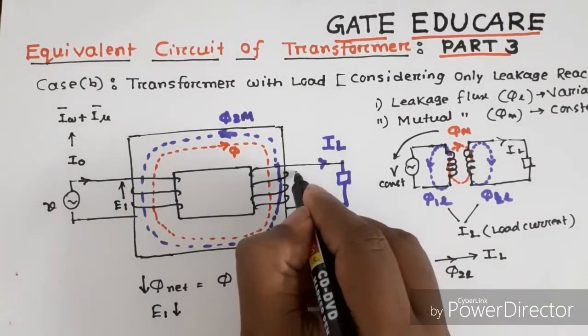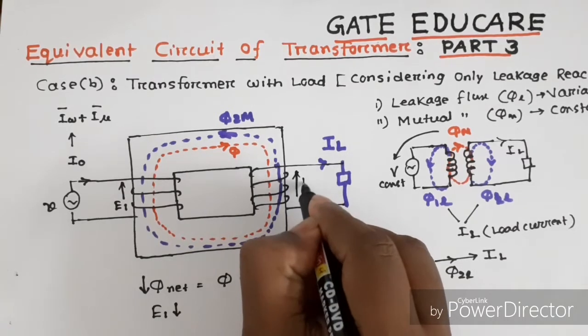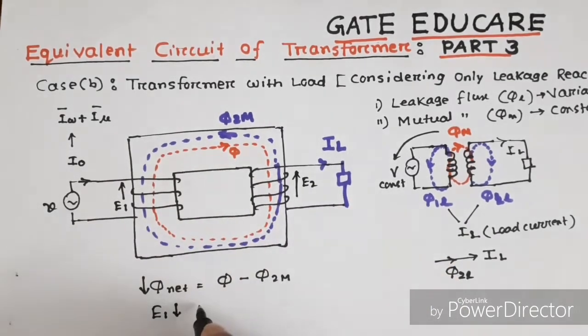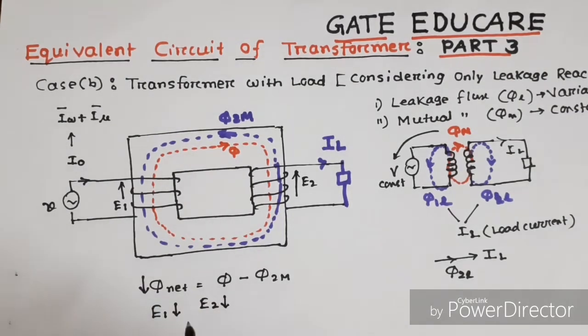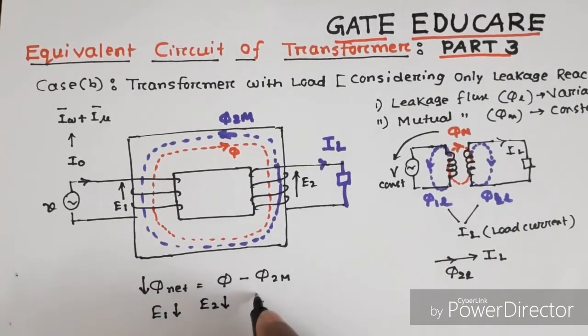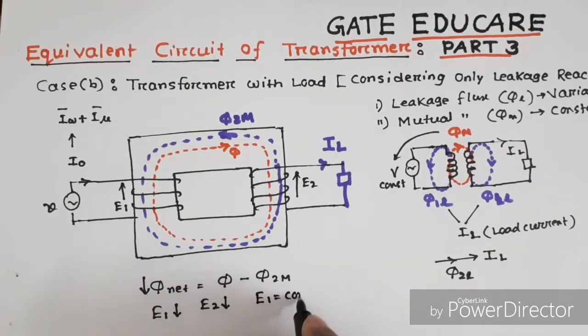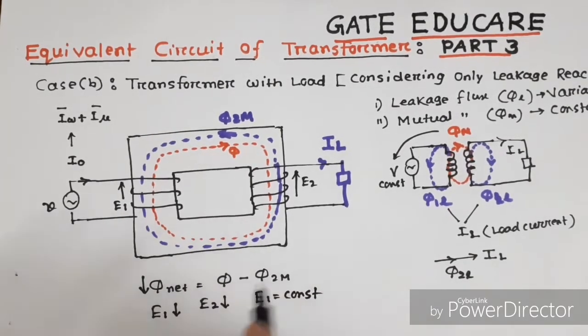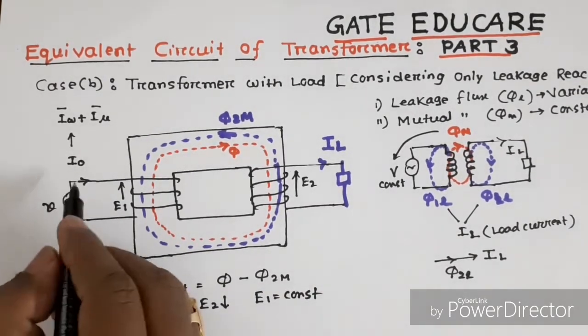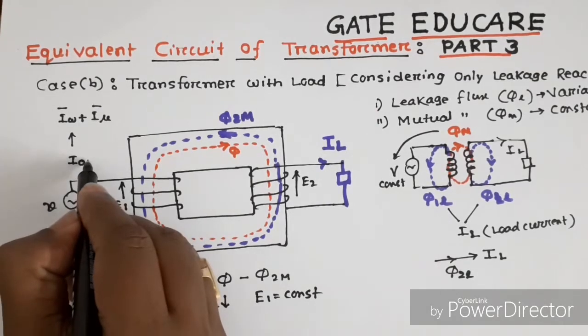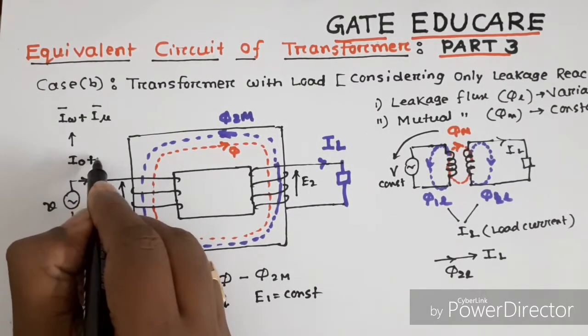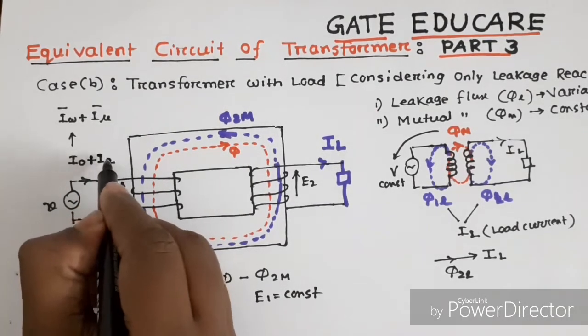Again, E2 induced EMF also tends to reduce. In order to make E1 equal to constant, an additional amount of current I2 dash is drawn from the supply.